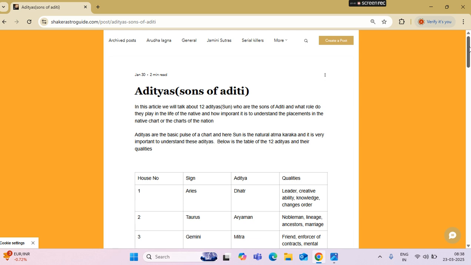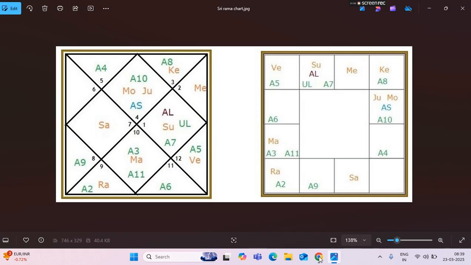So what are the qualities of the Datta Aditya? Datta Aditya is all about leadership. It is all about creative ability. It is also knowledge and change of order. So the purpose of Vishnu coming in the form of Sri Ramachandra is to bring some changes in the society.